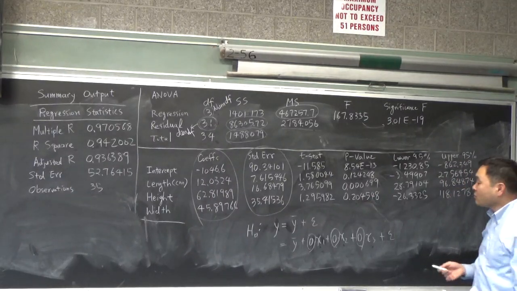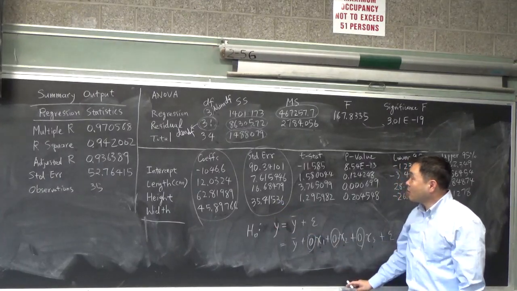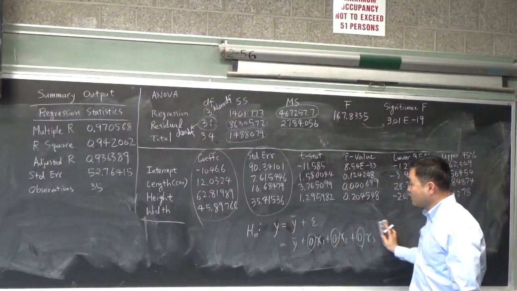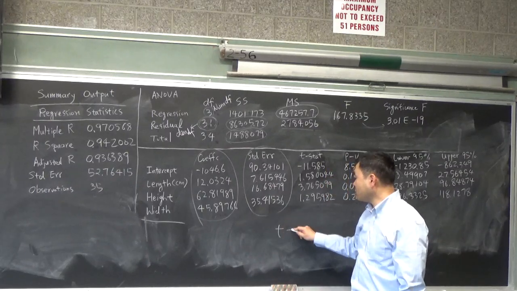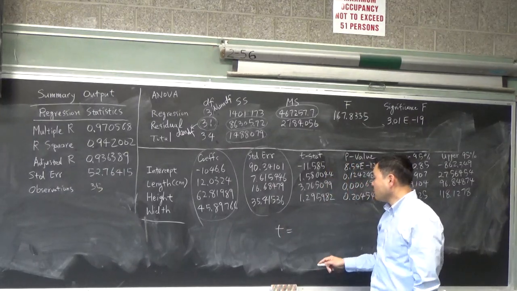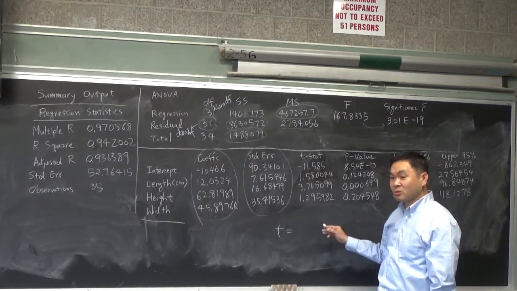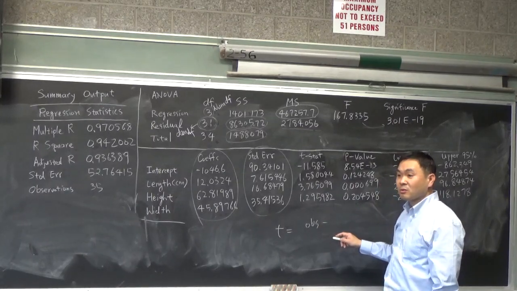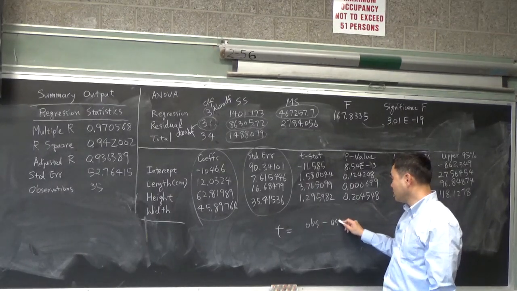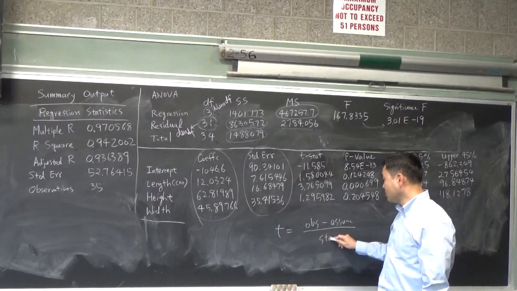Since that's your null hypothesis, you calculate the t-statistics just like how you would do it. How do you do that? Well, t or z, the test statistic usually is your observed minus what's assumed, and you divide it by the standard deviation.